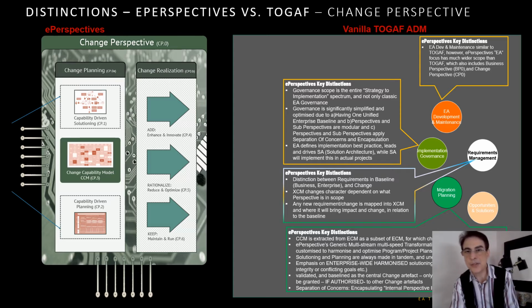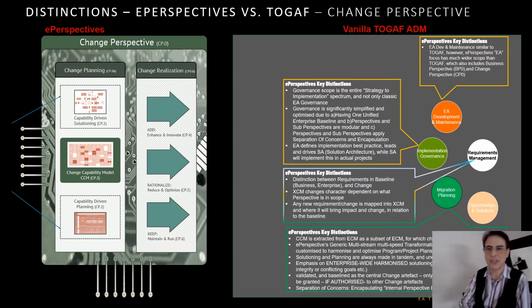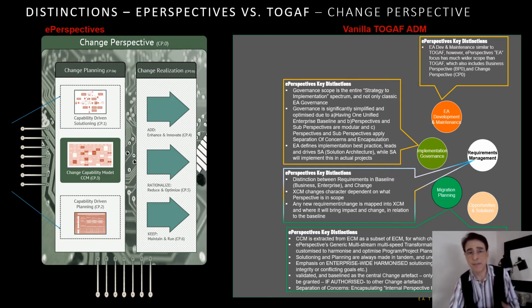So then, coming to the last perspective, which is the change perspective. To me, TOGAF here goes a little bit on a blurry line, whether we're talking governance, implementation, or migration planning and such, but there's a very clear focus on architecture here. As you can see, we have EA development and maintenance rather than enterprise business organization development and maintenance, which is the approach that the ePerspectives framework takes.